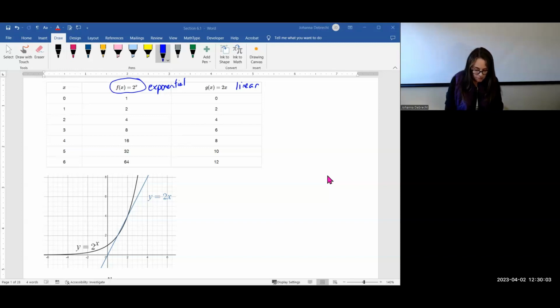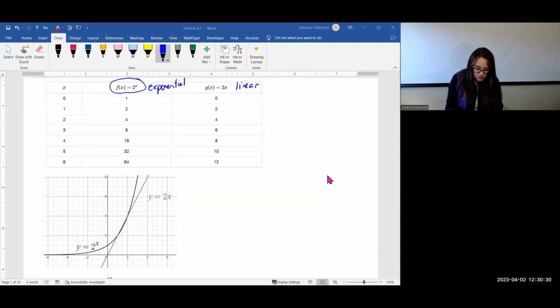You can tell that they're both going off to infinity as you move to the right, but as you move to the left, they're very different. The linear continues to go down forever, so it approaches negative infinity as we go to the left, but the exponential flattens out. It never goes truly horizontal. It continues to get lower and lower, but it never gets to 0. You may say, well, how's that possible?